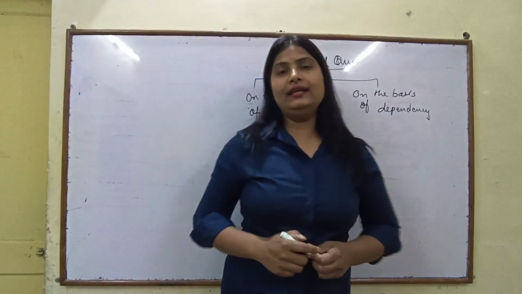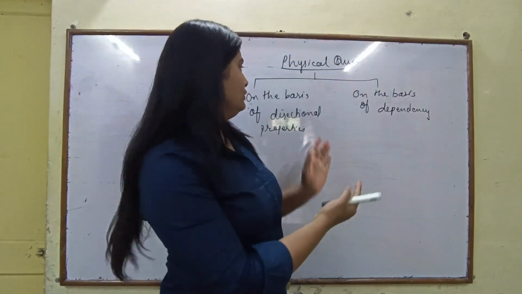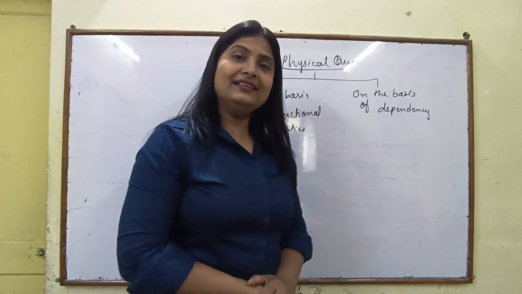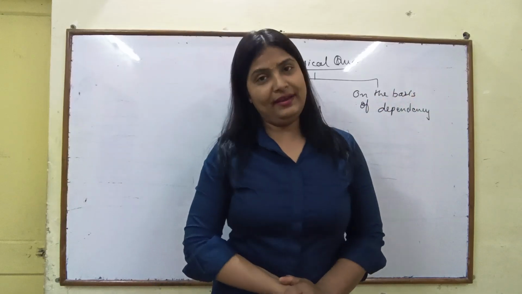So all physical quantities are categorized by two types. Firstly, on the basis of directional properties, and the second is on the basis of dependency.